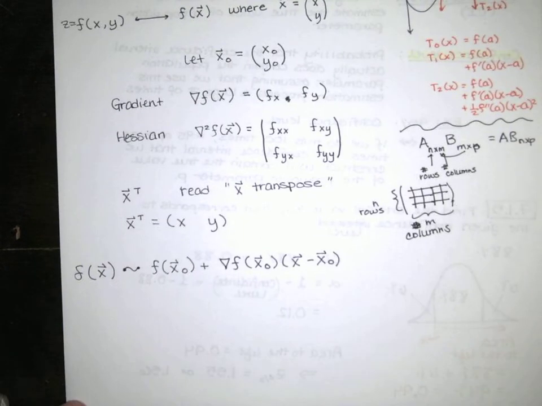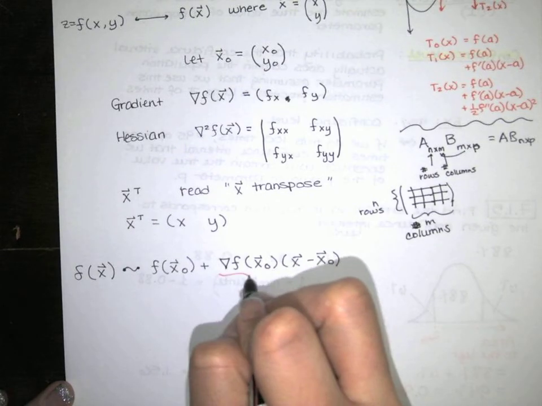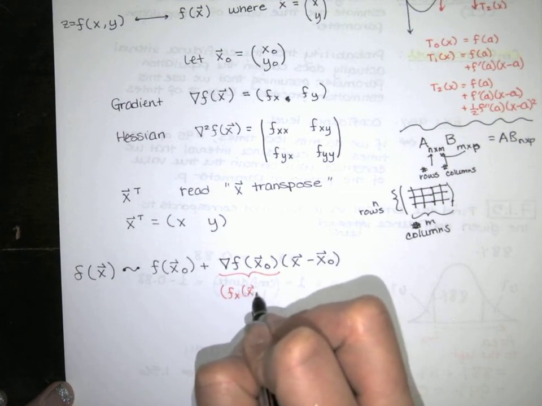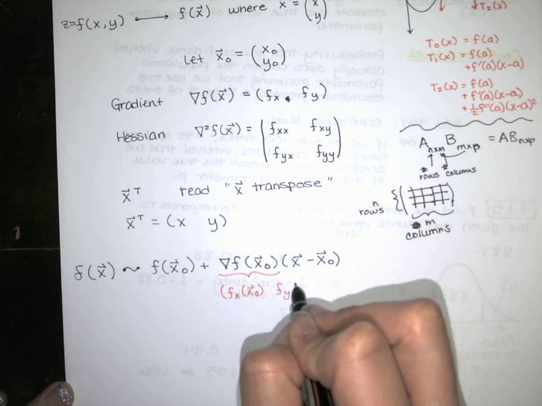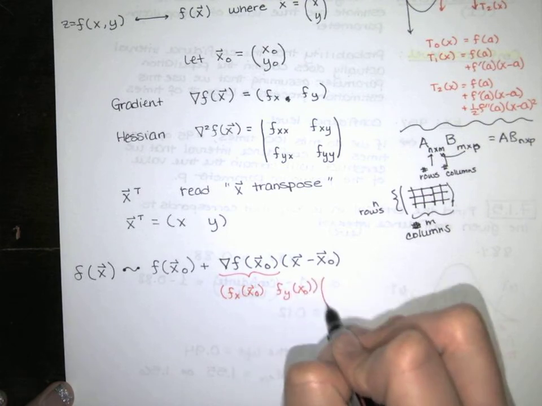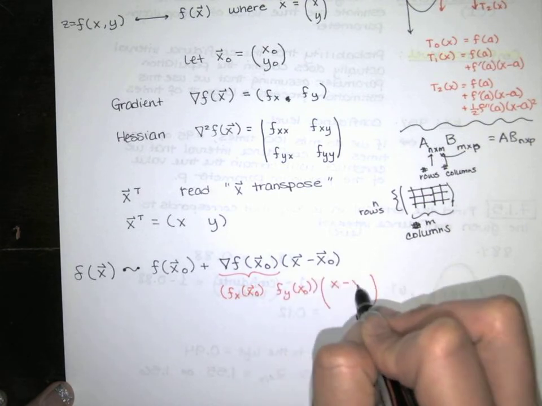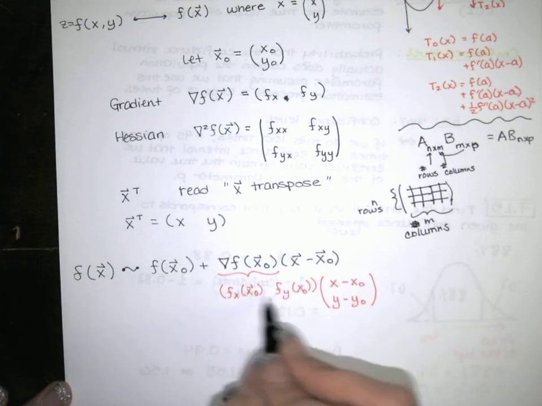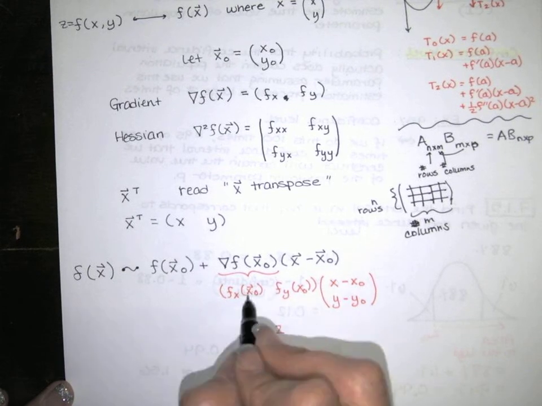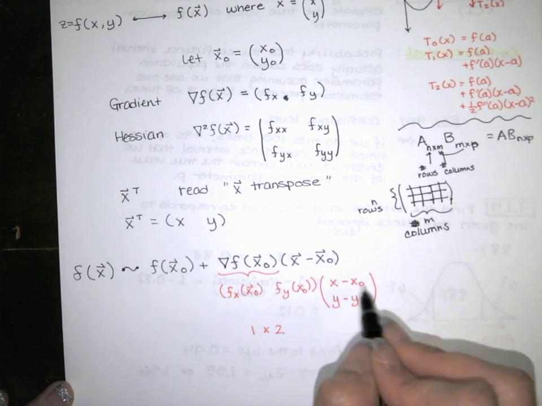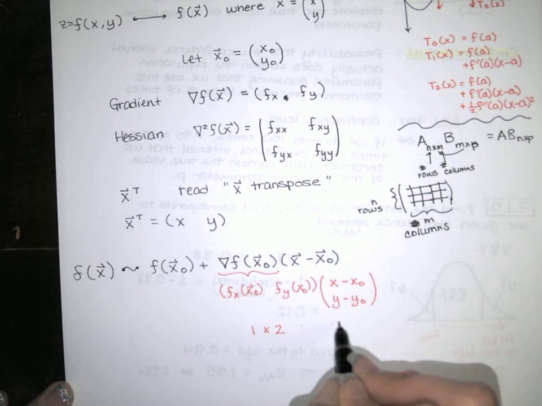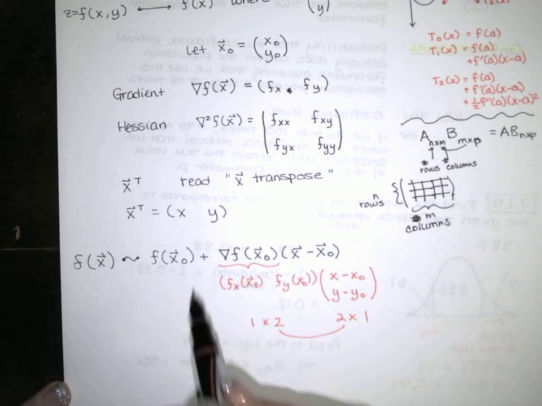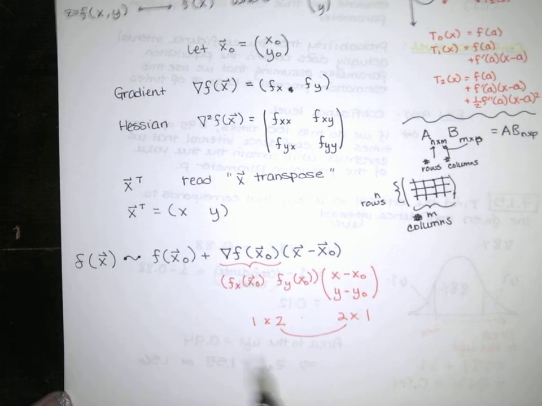So this is a vector with components, partial of f with respect to x at x naught, partial of f with respect to y at x naught, and this is a vector with components x minus x naught and y minus y naught. So I've got a row vector, so it's one row by 2 columns, and then I've got a column vector, it's 2 rows and 1 column. So these match, and then when we're done, we're going to have a 1 by 1, which is exactly what we want because that's just a real number.